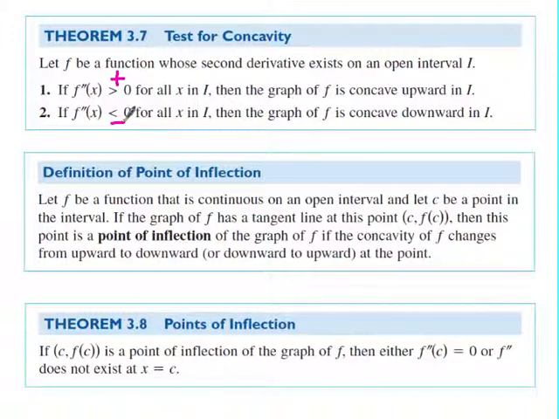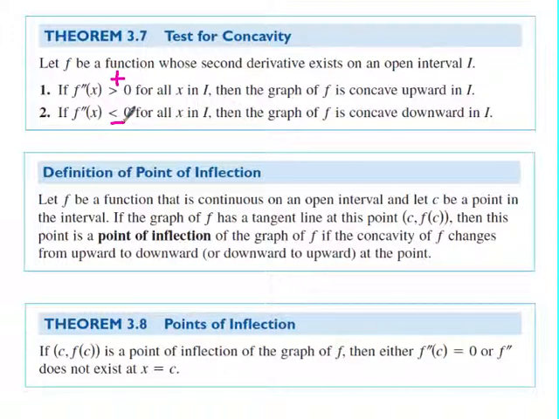And now we're going to talk about points of inflection. Remember with increasing and decreasing, we have mins and maxes. With concavity, you don't have a min and a max. You have what's called a point of inflection. There's no two separate ones either. It's a point of inflection if the concavity changes, and that's it. So if your concavity changes from concave up to concave down, you've got a point of inflection.